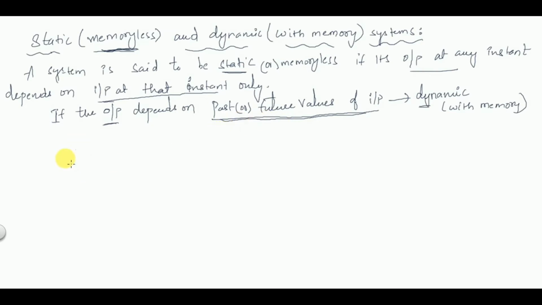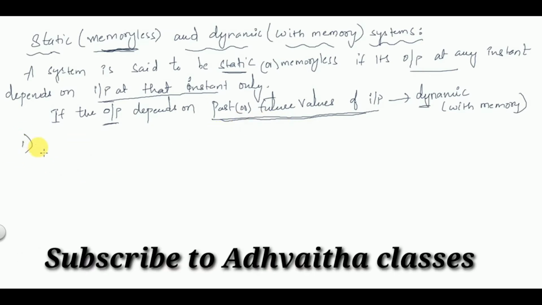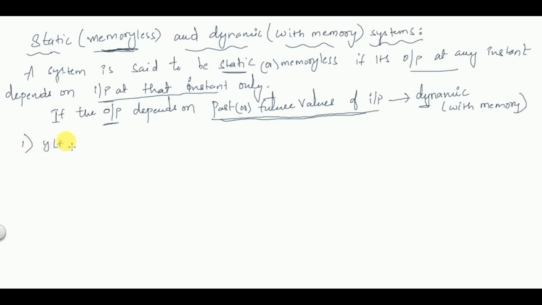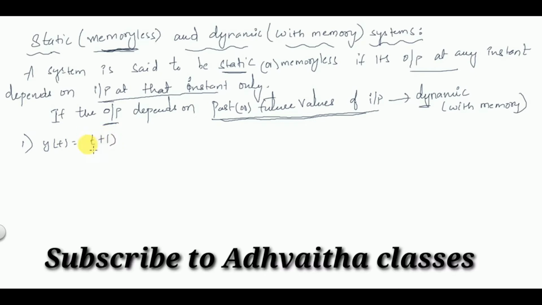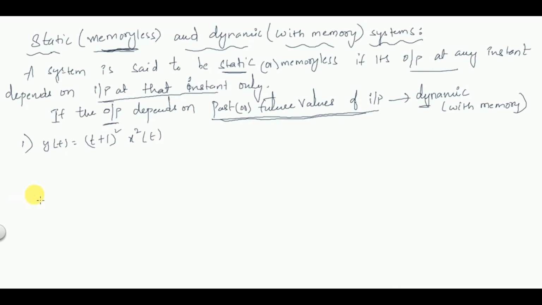Okay, so let us see some examples. One by one we'll see the examples, then you'll understand very clearly. Suppose y of t is equal to (t plus 1) whole square into x square of t. If you observe here, take y of 1, at t is equal to 1, this becomes 4 into x square of 1.